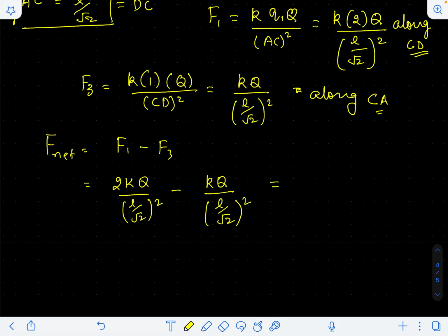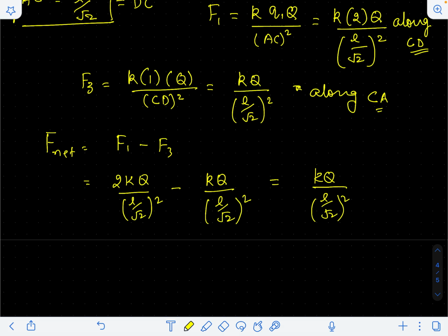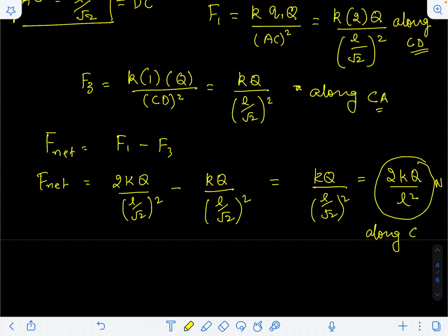Let's solve this. It comes out to be 2kq minus kq, upon L upon root 2 squared. Further we solve it, it comes out to be kq divided by L square. So this is the net force acting on the charged particle placed at the center of the square, this force is in Newton and it is directed along CD. So this is our answer.